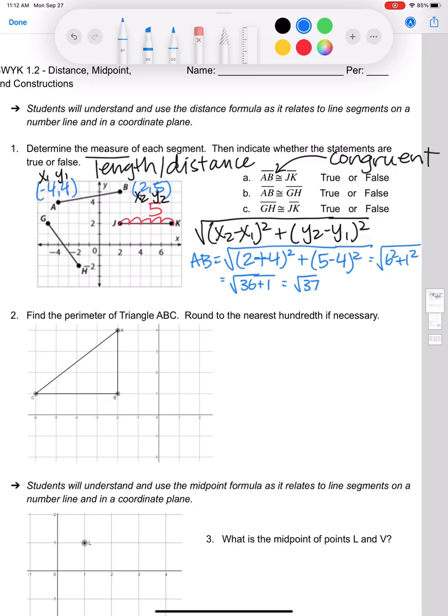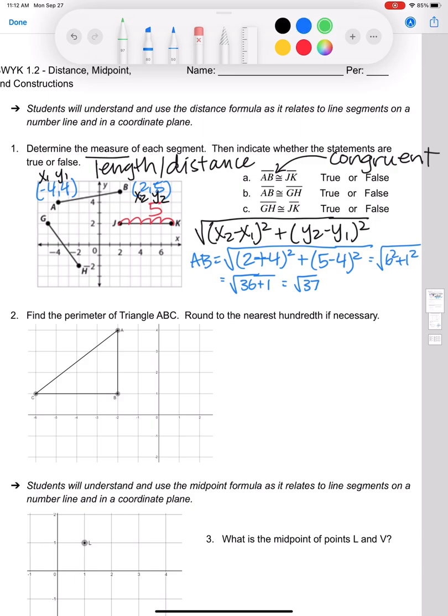Now, this is not a perfect square. If it was, I would, of course, want to get the answer in integer form, whole number form. And if it isn't, then I can use a calculator and get the decimal estimation for this number.